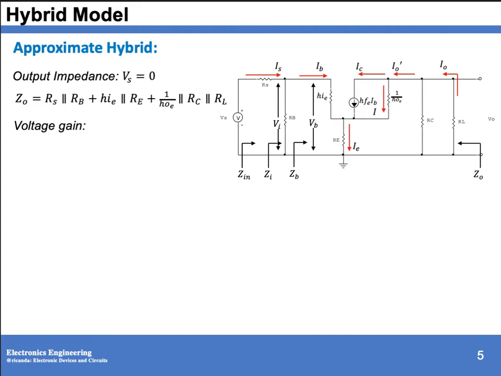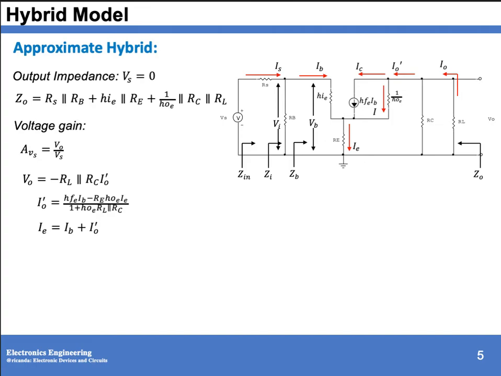For the voltage gain, it is BO over BS. We have BO equals negative RL in parallel with RC times IO prime. The IO prime equation we already have from the previous slide. Then IE equals IB plus IO prime.